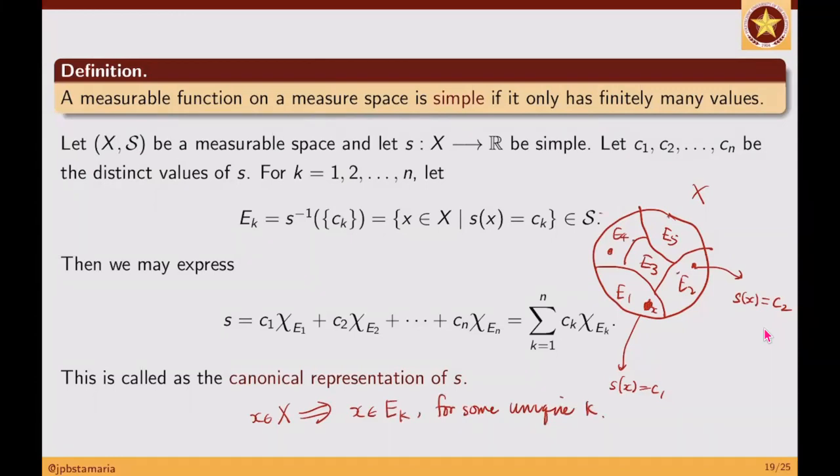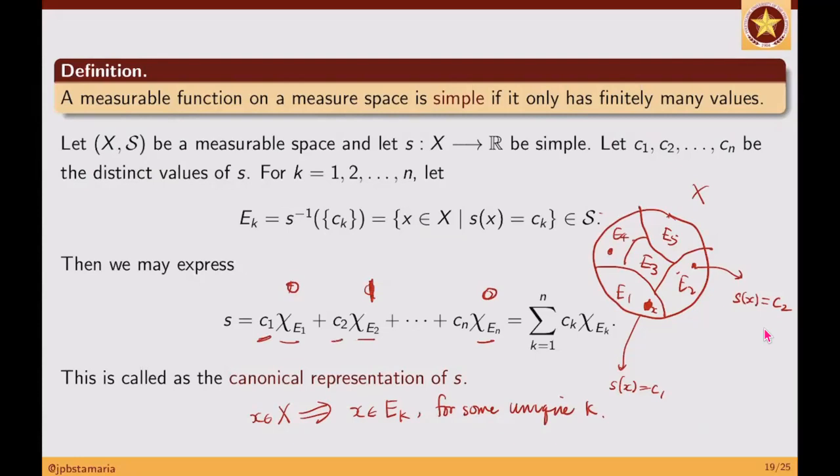In short, yung mga characteristic functions na to, kaya characteristic function ang ginamit, parang light switch yan eh. 0 or 1 lang sila. Pag nasa E1 siya, 1 siya. Tapos all the others are 0. Kaya anong value ng S pag nasa E1? C1 kasi C1 times 1. O halimbawa yung X mo napunta sa E2, 0 naman ito, ito naman ang 1. 0 lang yung iba. Kaya anong value ng S?